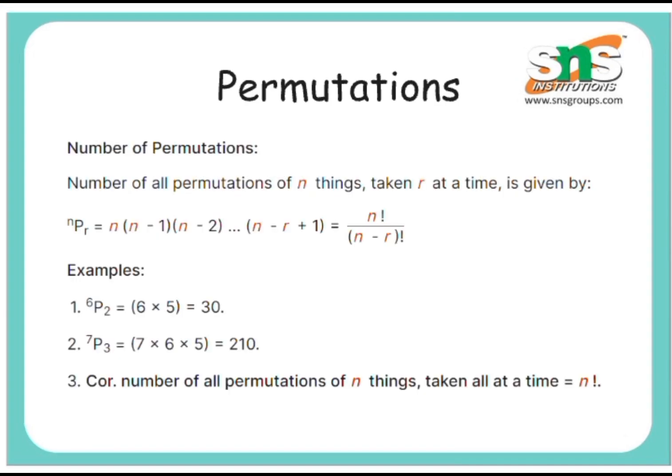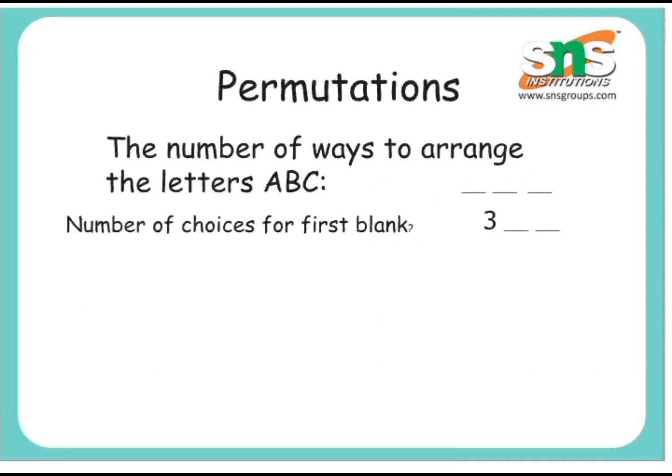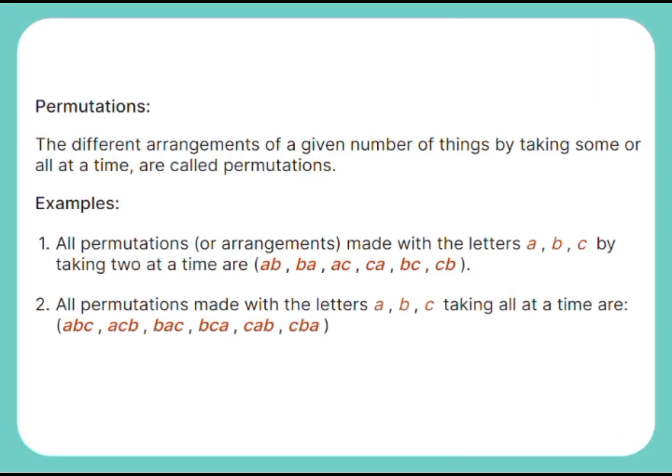Now, number of arrangements of n things taken r at a time. Earlier, we have seen permutation where we take n things all together. In the previous slide, we learned when we have n things, we are taking all the letters at a time.